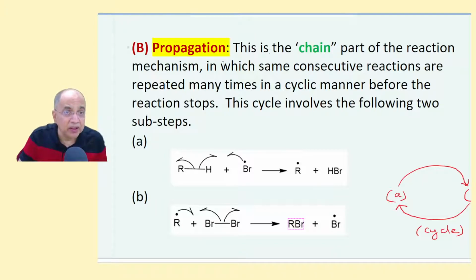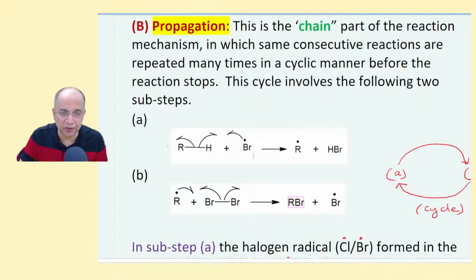In fact, propagation is the chain part of the reaction mechanism in which the same consecutive reactions are repeated many times in a cyclic manner before the reaction stops. This cycle involves the following two substeps.